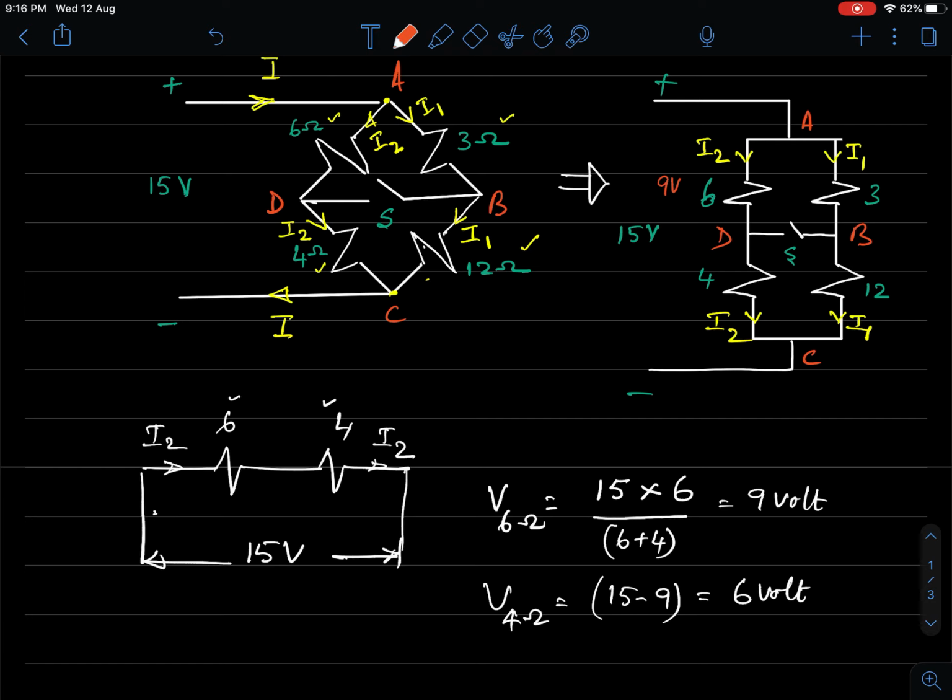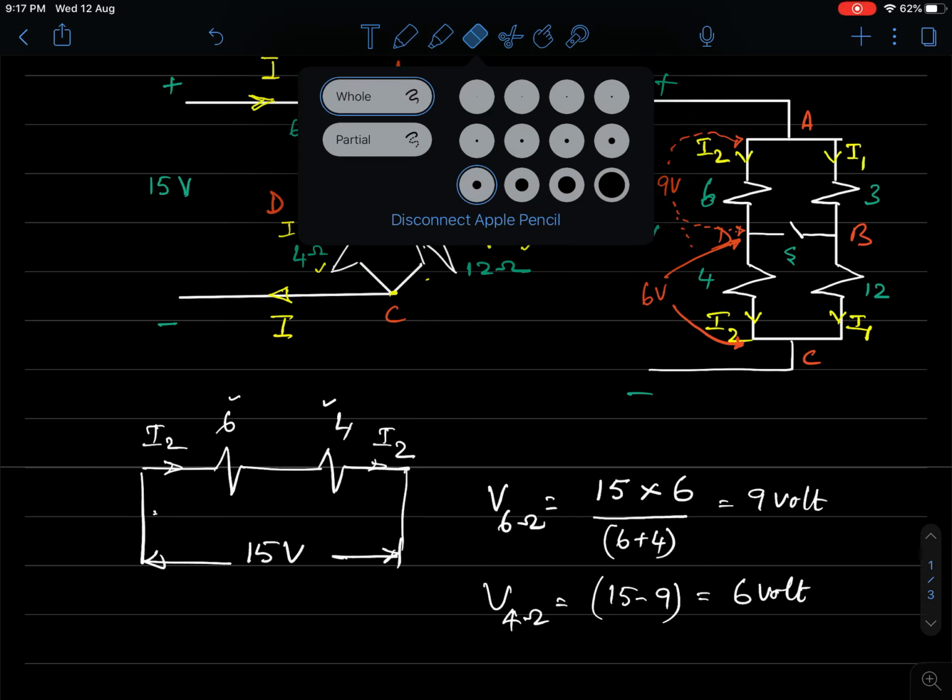This is my 9 volt potential difference, which is between this point and this point, that is between A and D. Across 6 ohms we are having 9 volt. And across this 4 ohm we get a potential difference of 6 volts. That is this potential difference. This is 6 volts.